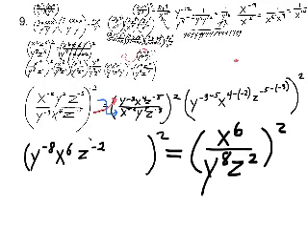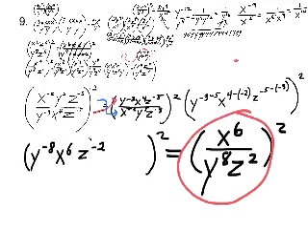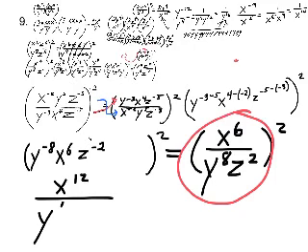This whole thing is our base now. So it's 2 of them, one multiplied times the other. So we'll get x to the 12th over, then 2 times 8 is 16, y to the 16th, and then z to the 4th. And if you notice, that's the same answer we got before.